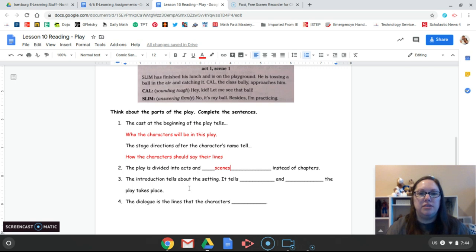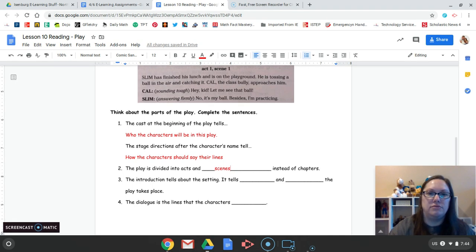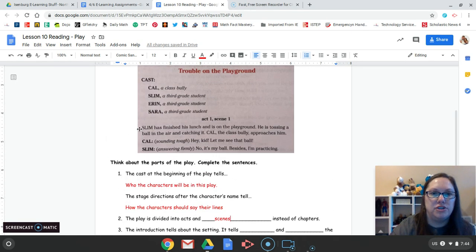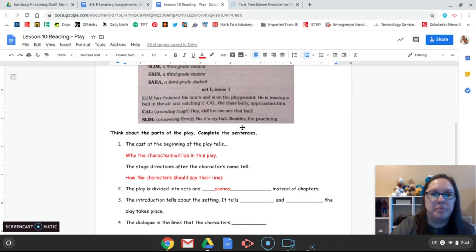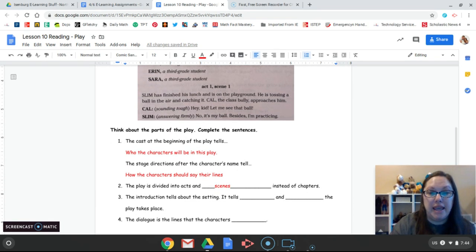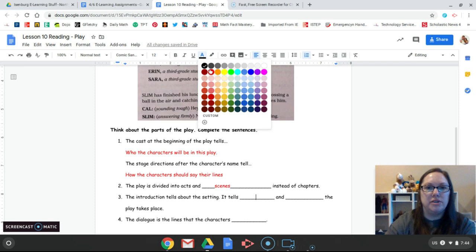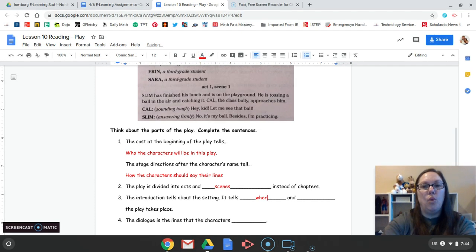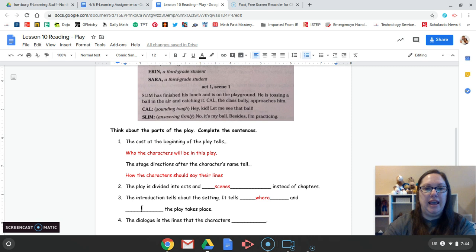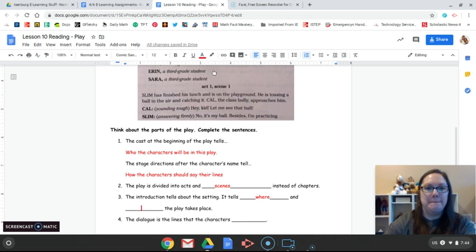The introduction tells about the setting, right? So this is the introduction right here. And it told us they were at the playground. It tells blank and blank the play takes place. So it tells, I'll change my color again so you guys can tell which parts I added, where and when the story takes place.